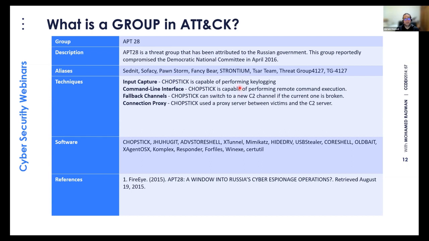It will tell you that it uses input capture for key logging, and the command line interface for remote code execution. For fallback channels, it would use connection proxies.